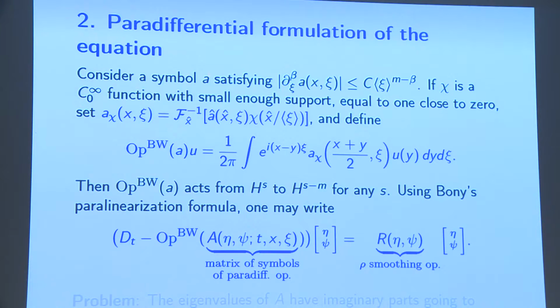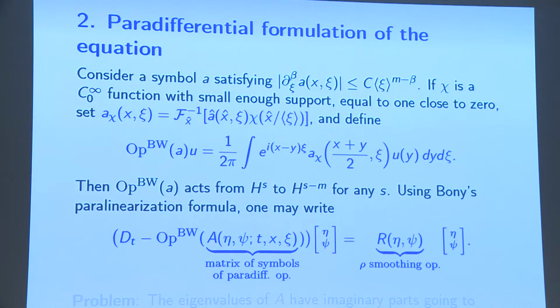So, if A is a symbol, a function of x and xi, such that the derivative d xi beta of A is bounded from above by the bracket xi to the power m minus beta for a given m and any beta, one associates to this A a paradifferential operator in the following way. One takes chi, some cutoff function with small enough support, equal to 1 close to 0.